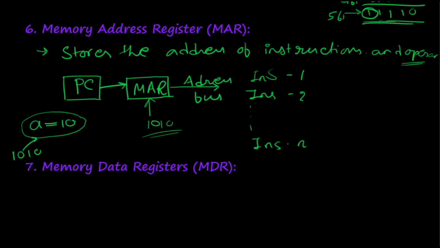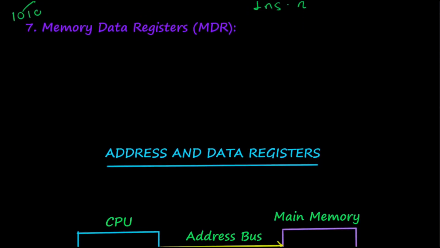Okay, fine. Now next comes the memory data register. It is also called the memory buffer register. The same, one and the same thing, just different names anyway. Let us take an example to understand this better.